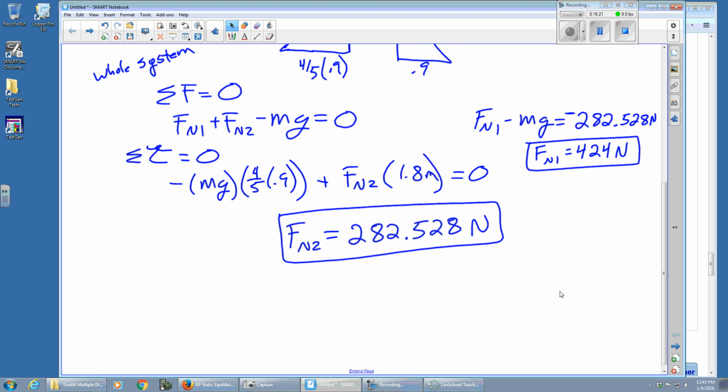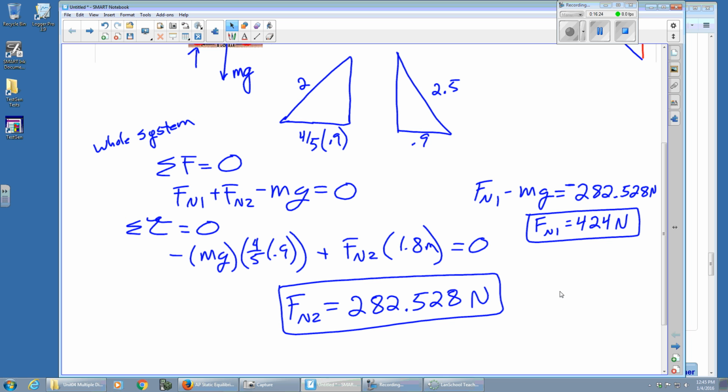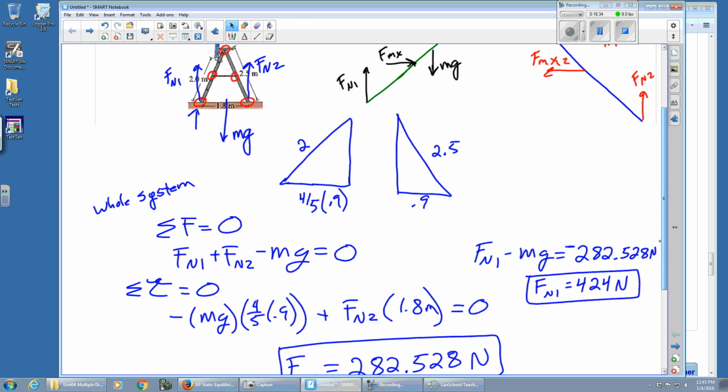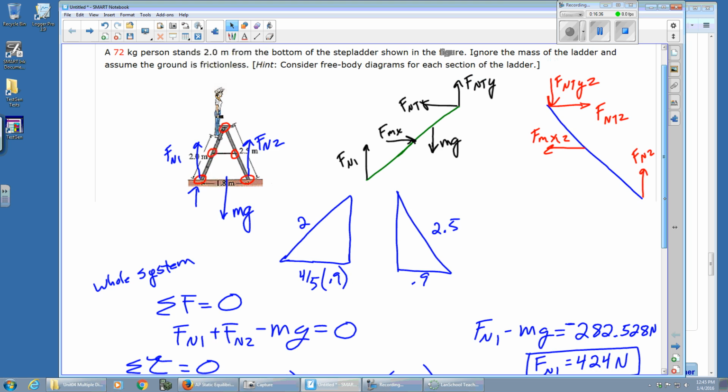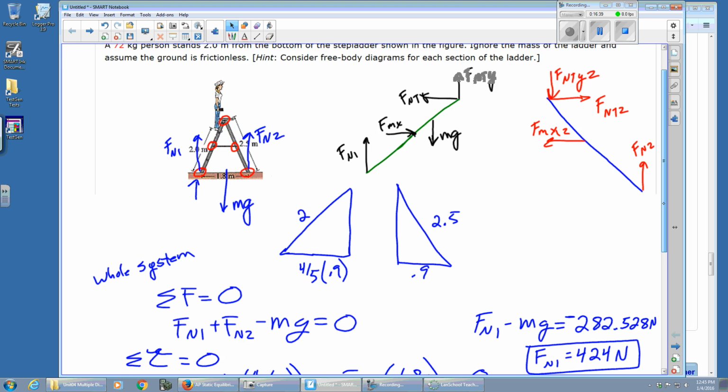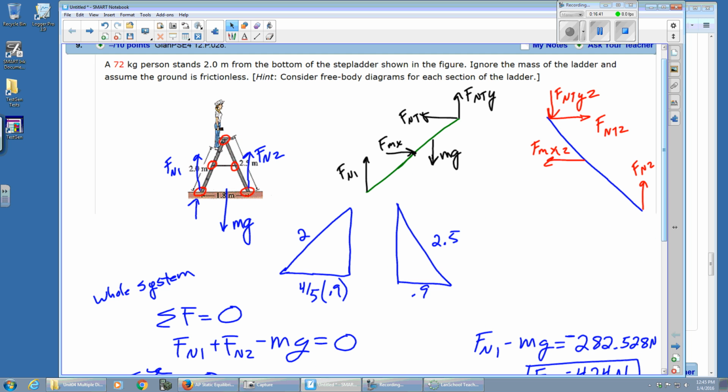Any questions on that part before we go on to do the tension and the velocity stuff? All right, so moving on. So all the blue here is that first is the whole system diagram. And this we did is this was our pivot point.